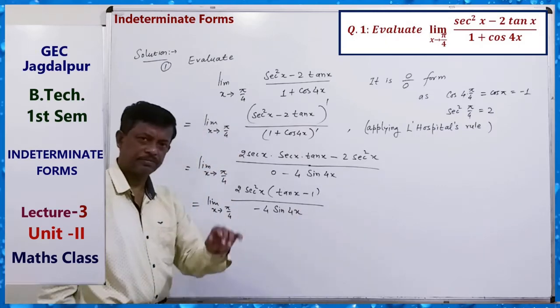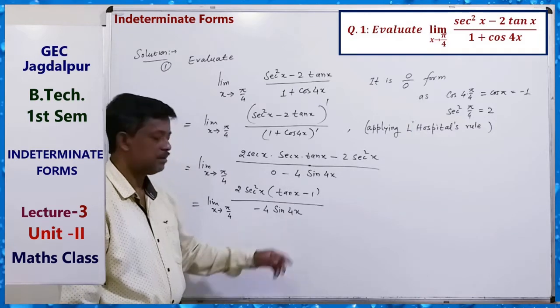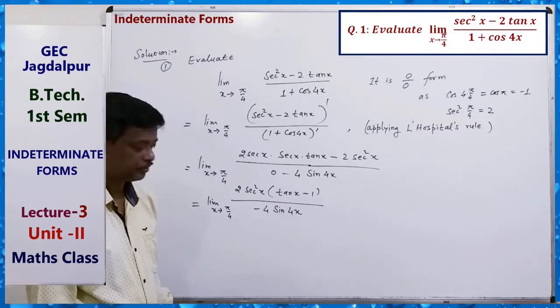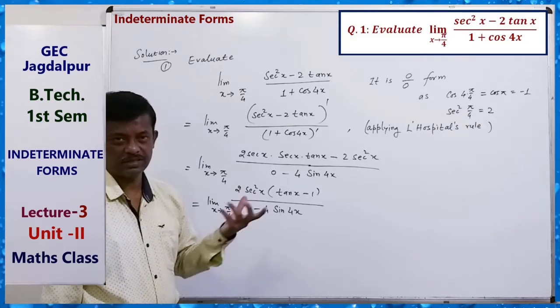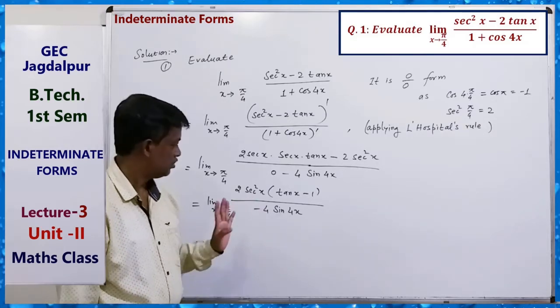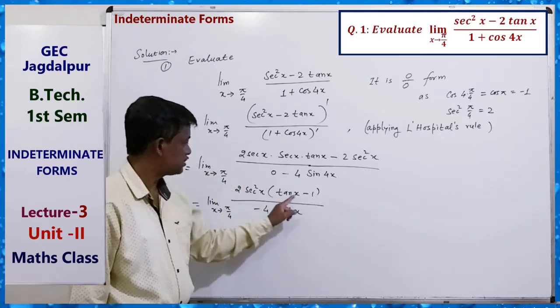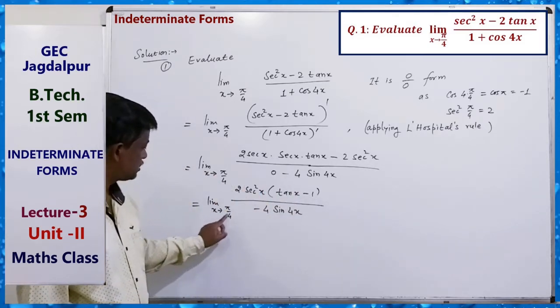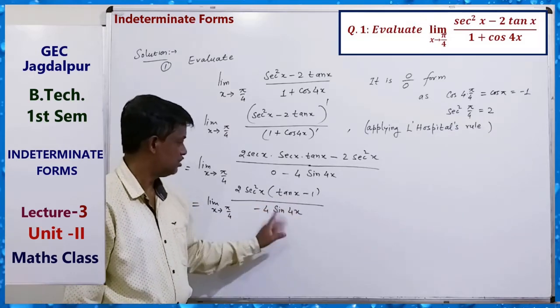Now just see, x tending to pi by 4, sin pi is 0. Sec square pi by 4 means again 2, so 2 sec square is 4. Tan x minus 1, x tending to pi by 4, tan pi by 4 is 1. 1 minus 1 is 0. This is 0.